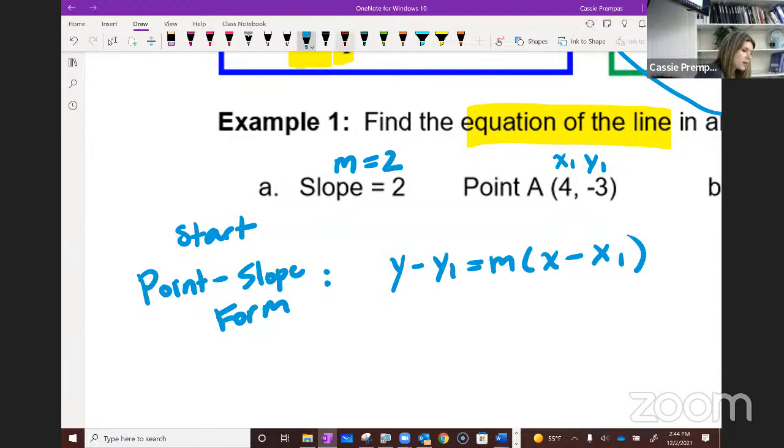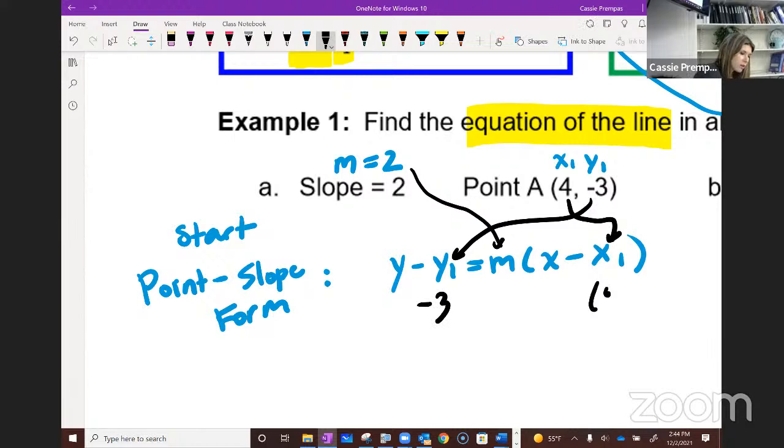So we're going to put the x1 here. We'll put the y1 in here, and we'll use our slope in here. So I'm going to show the y1 is -3, the x1 is 4, and my slope is 2. And then I copy the other pieces of the equation. Y minus -3 equals 2 times quantity x minus 4.